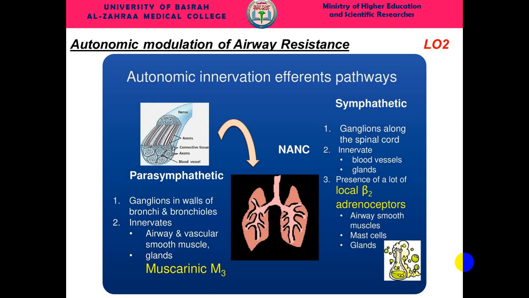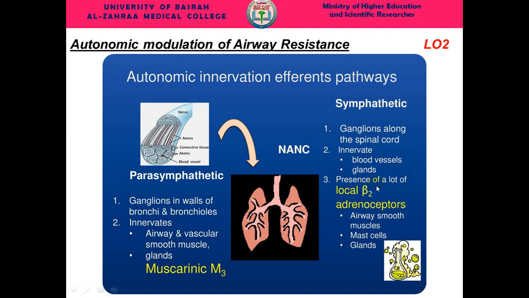through muscarinic M3 receptors. On the other hand, the sympathetic nervous system, as I said, is not present in the bronchi and the bronchioles. There is no ganglion, but they innervate the blood vessels and the glands, and there is abundant amount of beta-2 adrenoceptors.